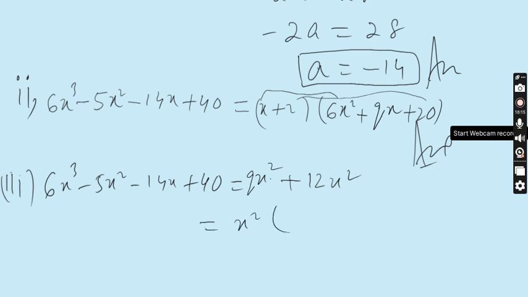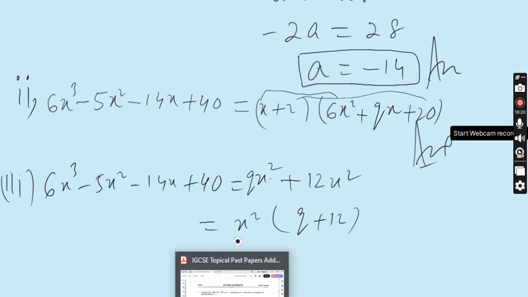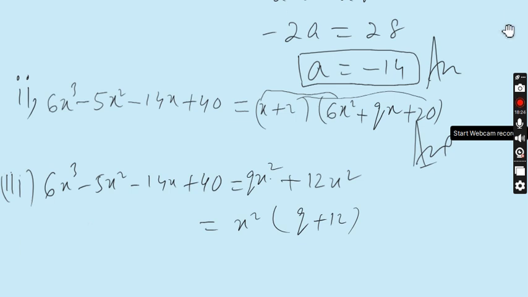Taking x square common, it is q plus 12, and if you compare the coefficient of x square, on the left hand side it is minus 5, and the coefficient of x square on the right hand side is q plus 12. Hence q is equal to minus 5 minus 12, which is minus 17.